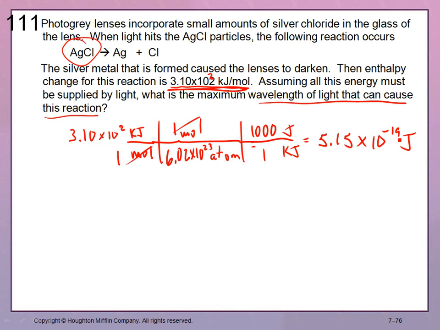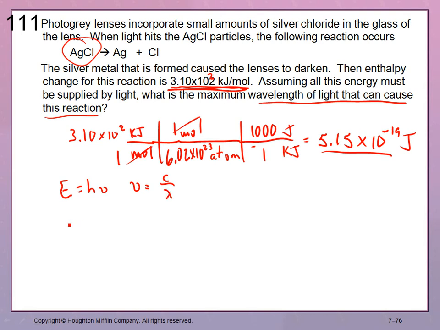So the question is, what wavelength of light does it take to do this? So we have an energy here, and we have several equations, one that says energy is Planck's constant times the frequency, and another that says frequency can be calculated by the speed of light divided by the wavelength. And we have these relationships.